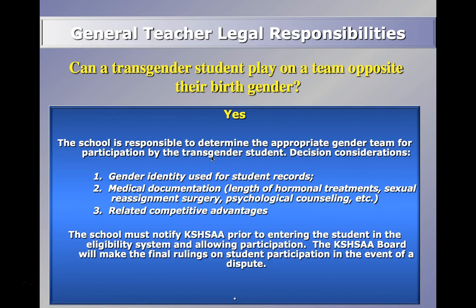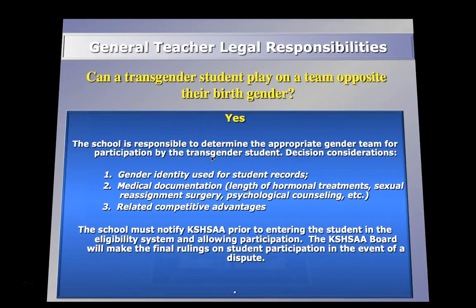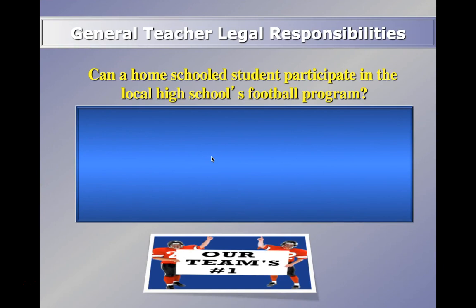So they're not going to challenge the school's ruling unless another team says it's given them a more competitive advantage and there's a dispute. So we'll see if this changes as we get more into that issue.